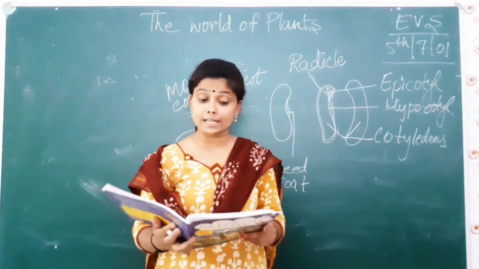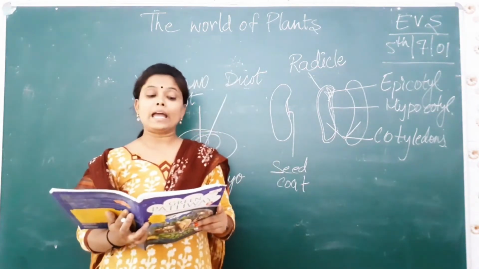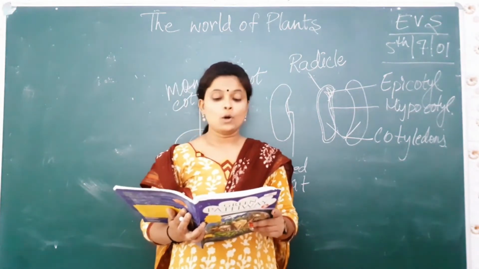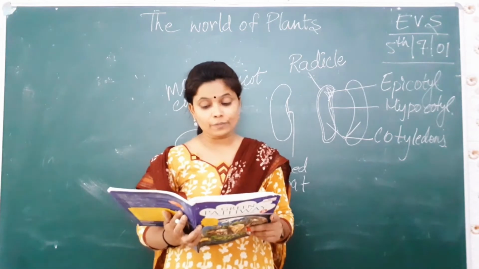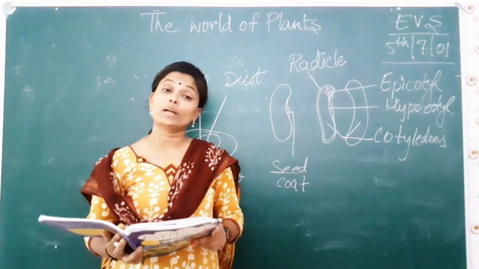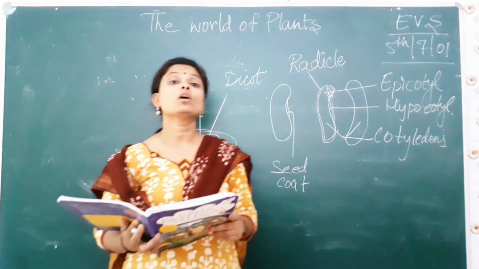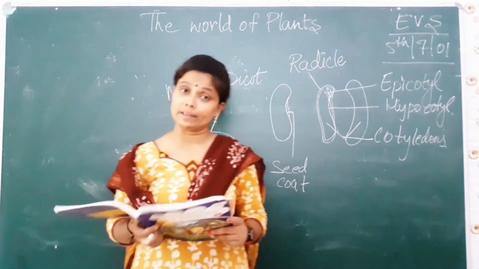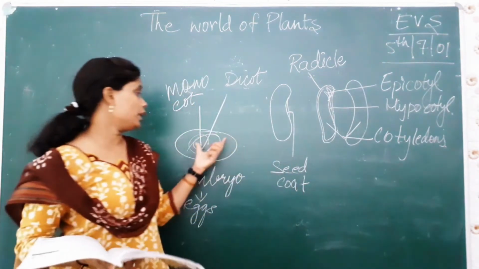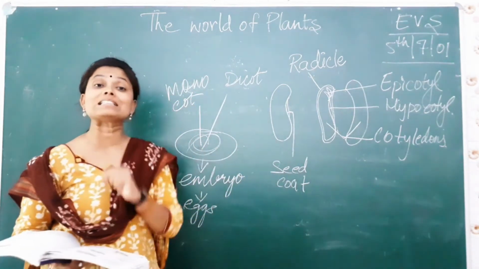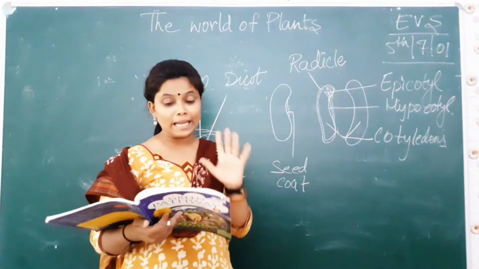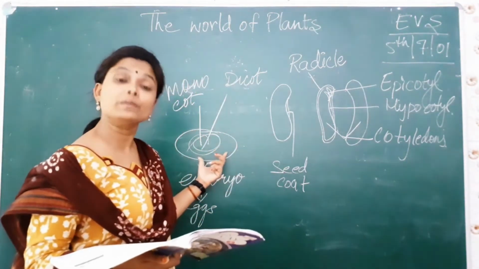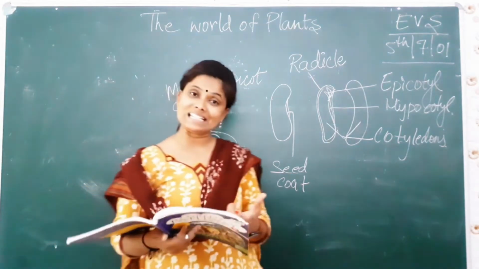What does it say? That the embryo has just one cotyledon or seed leaf. They are known as monocot plants or monocotyledons. It means the embryo which has a single seed is known as monocotyledon, a monocot seed.